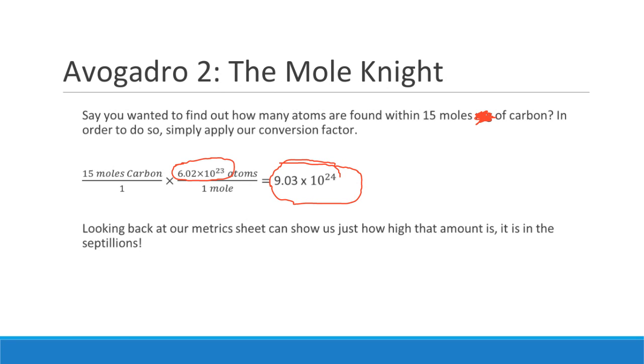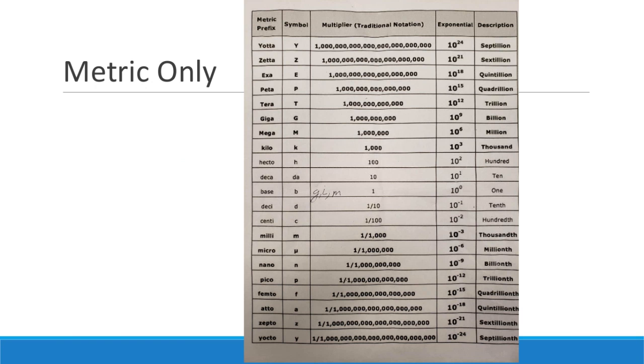If we look back at our metric sheet, we're talking about something that's 10 to the 24th, so about 9 septillion. That's how many atoms of carbon are within 15 moles. So quite a large amount.